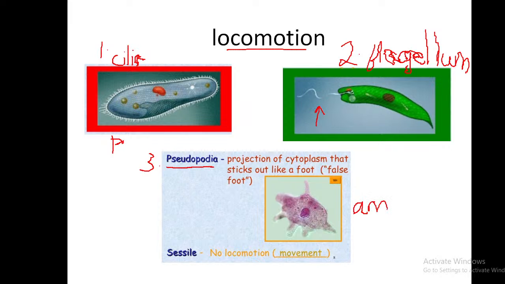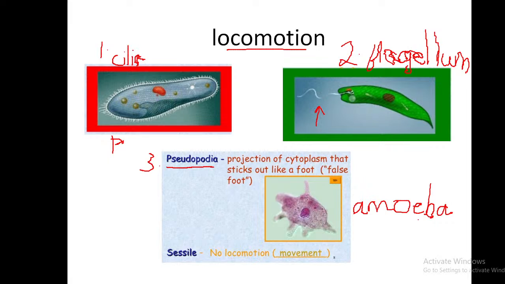You told the name of this organism in the first slide about the protist. Amoeba. Pseudopodia are the locomotory structures present on the body of amoeba. Pseudo means false, podus means foot, so false foot is what we call pseudopodia.